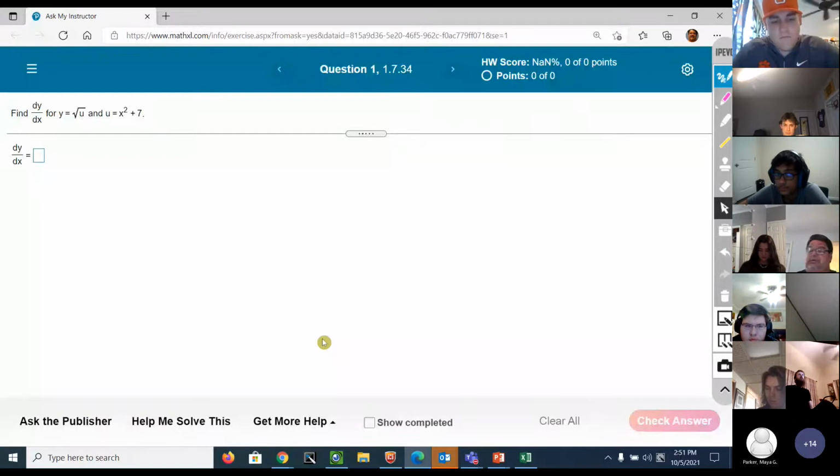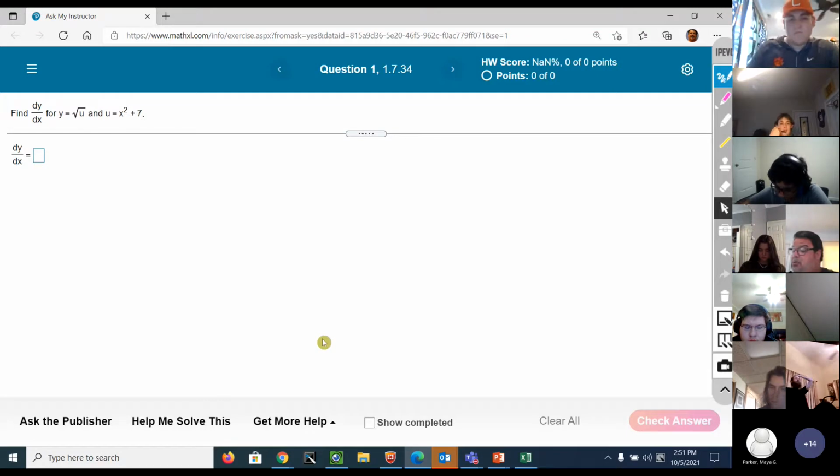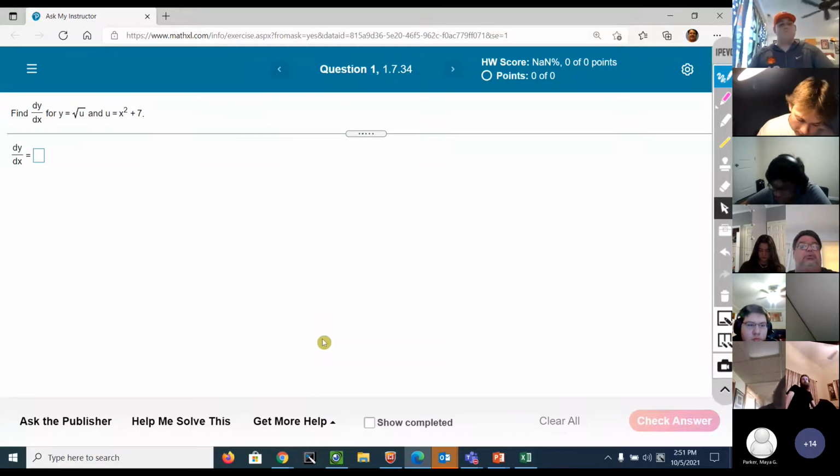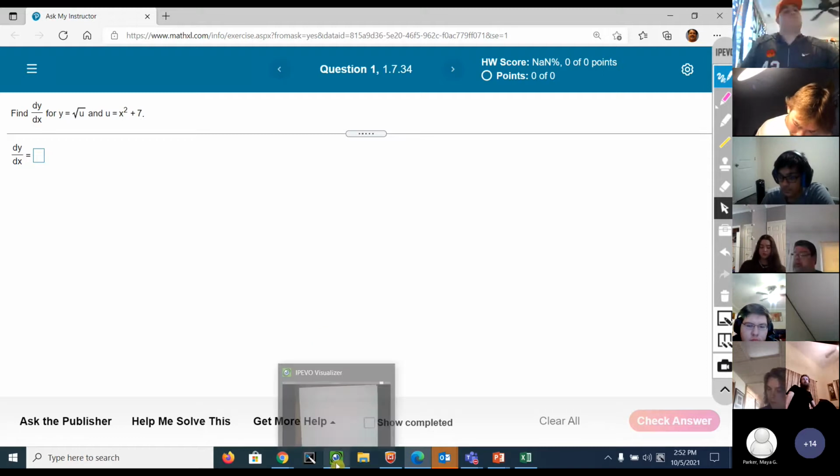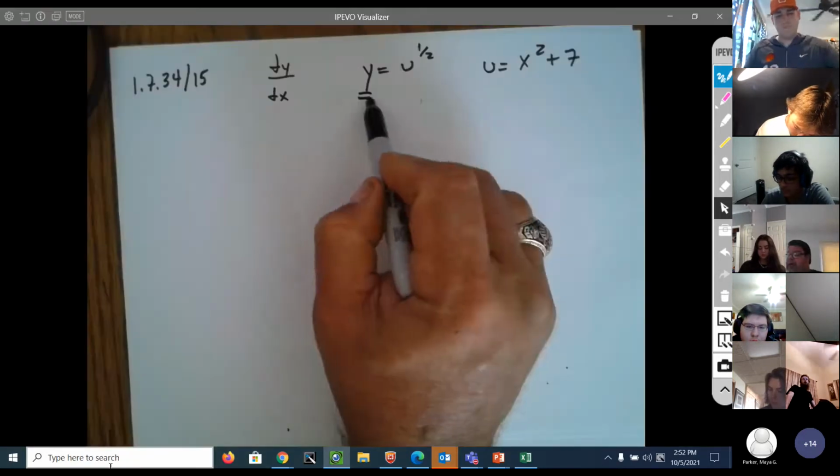Find dy dx for y equals u to the 1/2, and u is equal to x squared plus 7. Same type of concept. They want dy dx, so that means they want to take the derivative of y with respect to x.